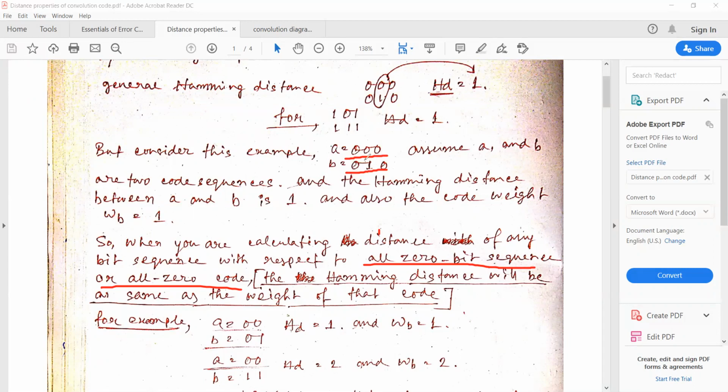Then that will be your Hamming distance, and it will be equal to the weight of the code you are considering with respect to 000. So the Hamming distance of these two code sequences will be equal to the weight of the second code sequence. As you can see, the Hamming distance is 1 and the weight of code B is also 1.